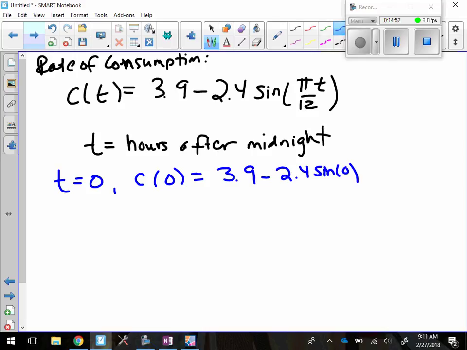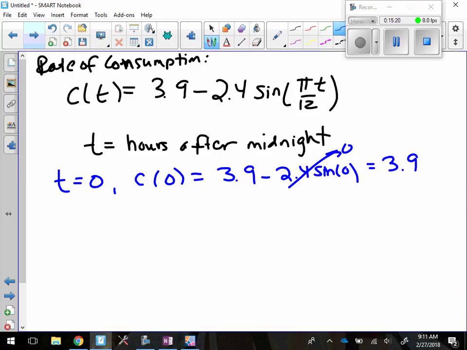What's the sine of 0? 0. Okay, so that whole term's going to go away. It only makes me cringe more when I ask that question and no one answers. It'll be a big fat pop quiz on trig functions coming your way if you don't shape up. Okay?